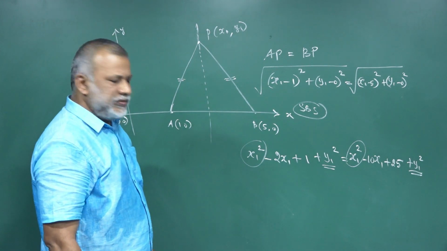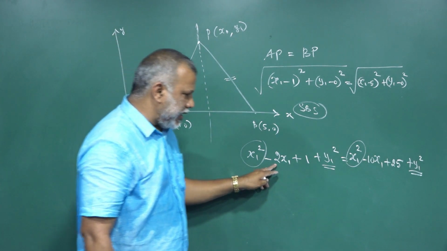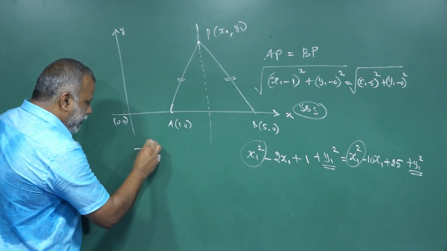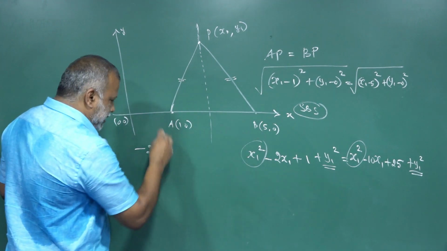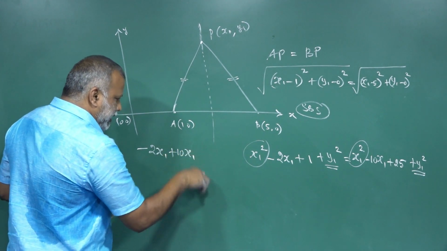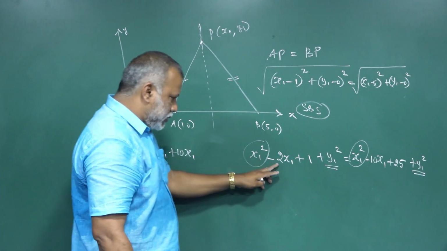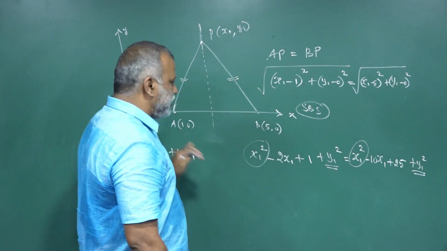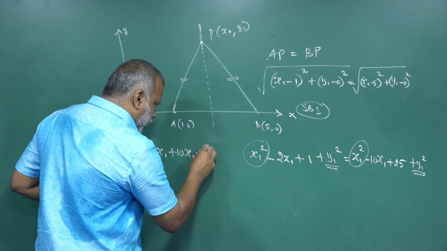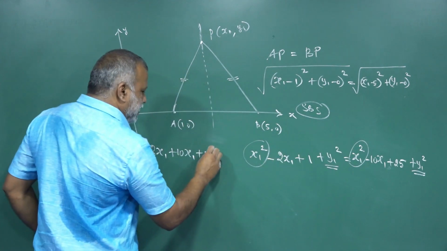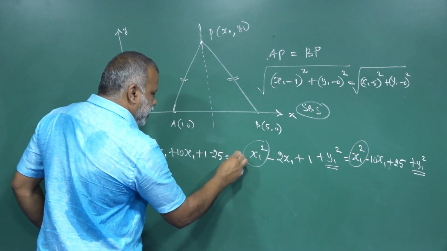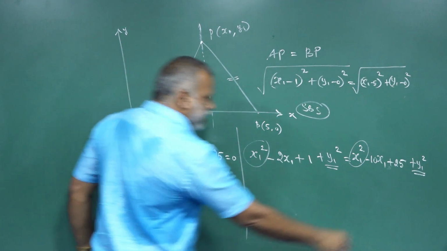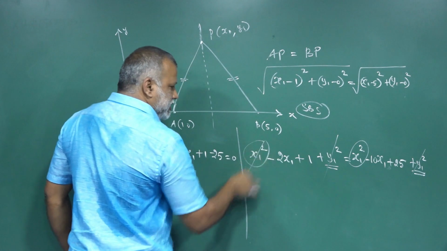What are the remaining things? Minus 2x1 and minus 10x1. Convert everything to the same side: 2x1 plus 10x1, and 1 minus 25 equals 0.